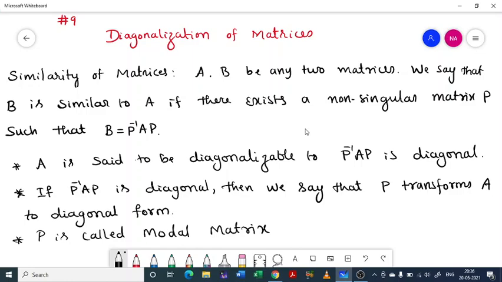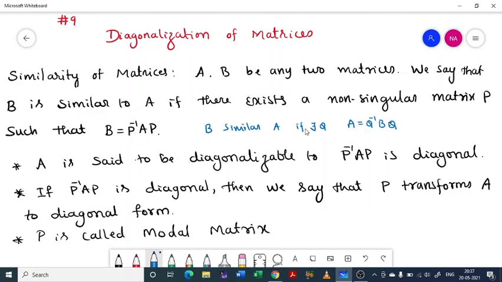Similarly, to say that B is similar to A, what condition must you have? There must exist a non-singular matrix Q such that A equals Q inverse BQ. If that is the condition, then we say that B is similar to A and A is similar to B. Whether B similar to A implies A similar to B is out of the syllabus, so we are not going to consider it right now.